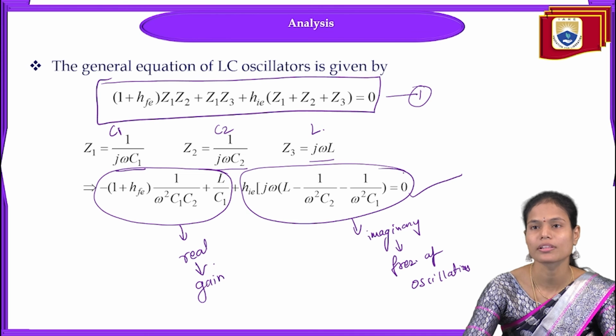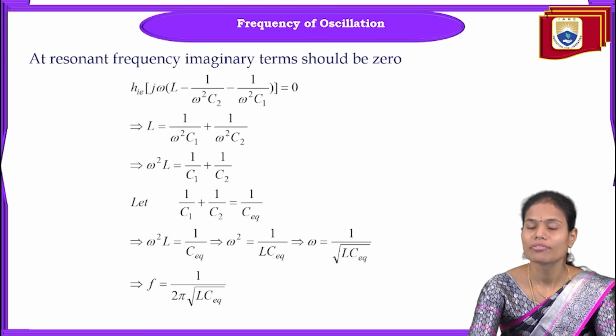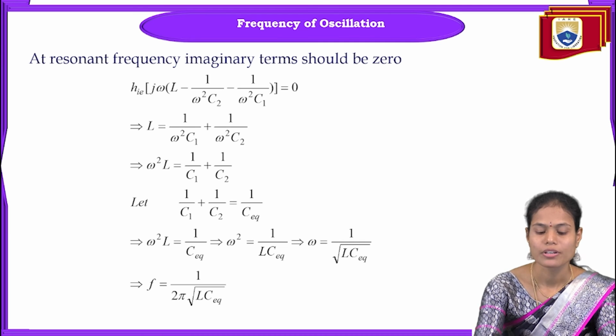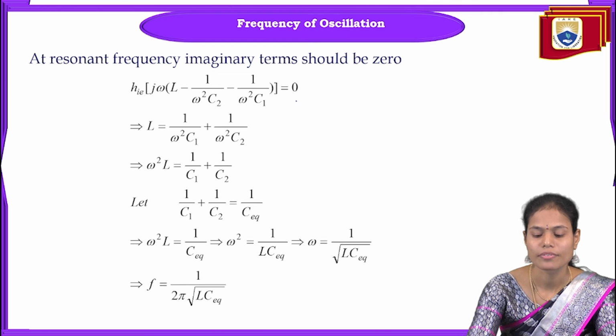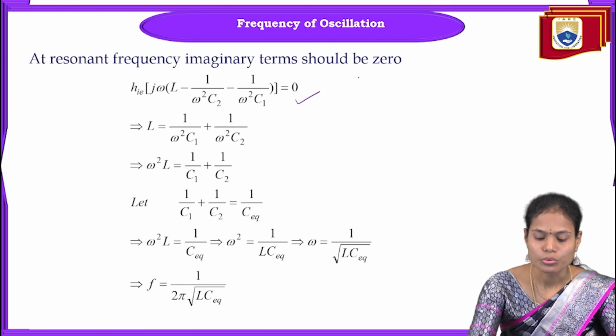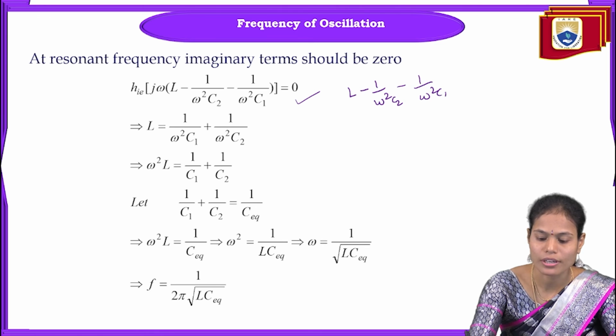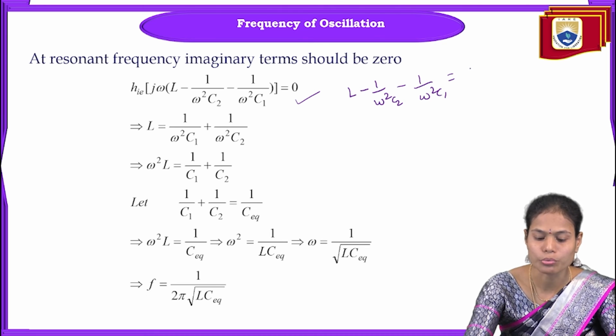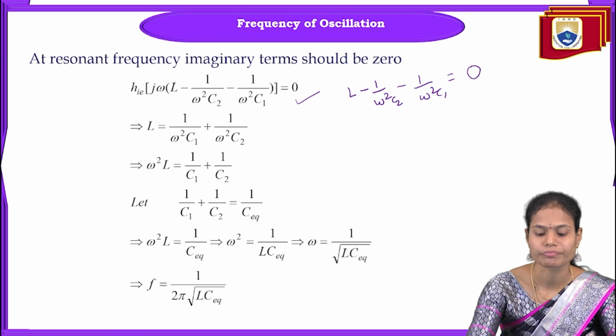So first I am taking the imaginary part to find the frequency of oscillations. That imaginary part must be equal to 0 at the resonant frequency. So from this equation, L minus 1 by omega square C2 minus 1 by omega square C1 is equal to 0.